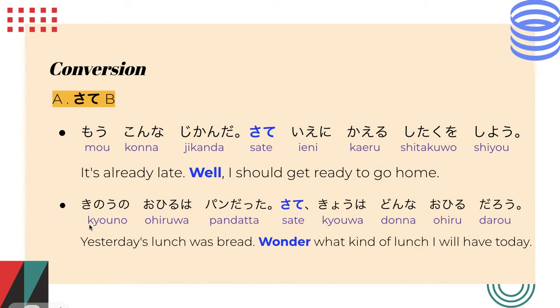To say this in Japanese, it will be 昨日のお昼はパンだった。さて、今日はどんなお昼だろう。So phrase A says about yesterday. After さて, phrase B says about today.